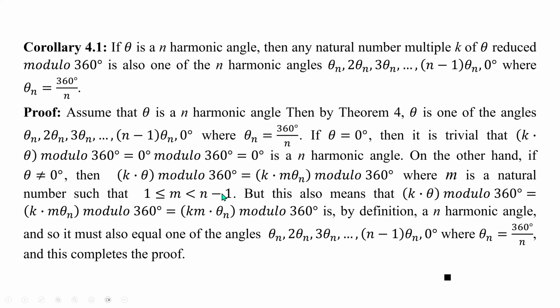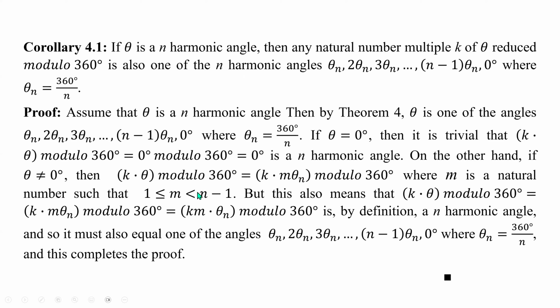Okay? So what we're doing here is, let's see, theta is going to be a harmonic angle, and that means it's going to be some natural number times theta sub n reduced modulo 360 degrees.